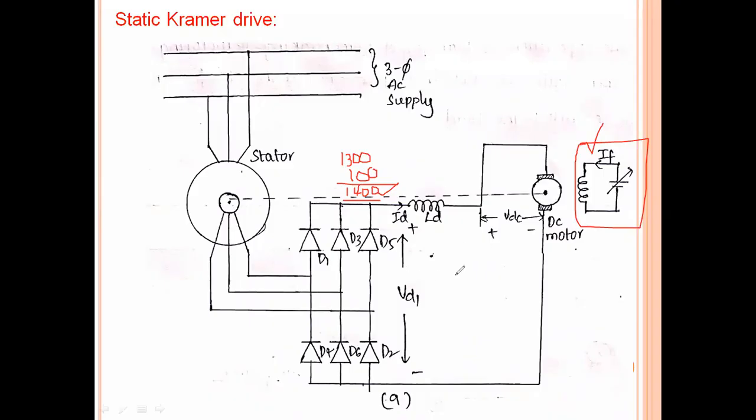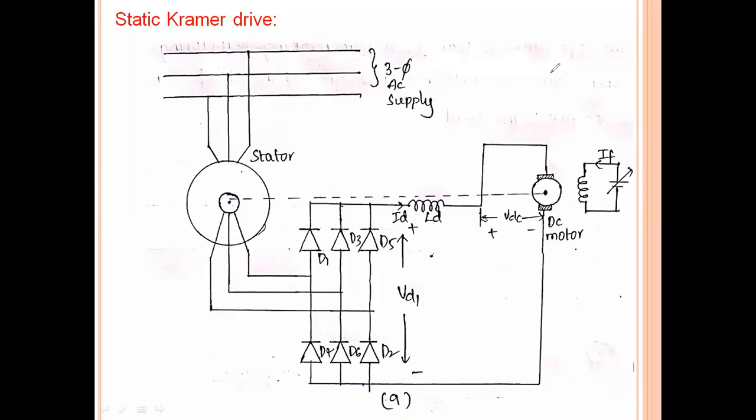And this is how the slip power is utilized in order to rotate the DC motor, which indirectly helps the induction motor to boost or increase its speed or torque according to the load or according to the operation.